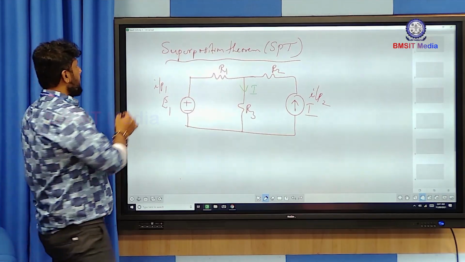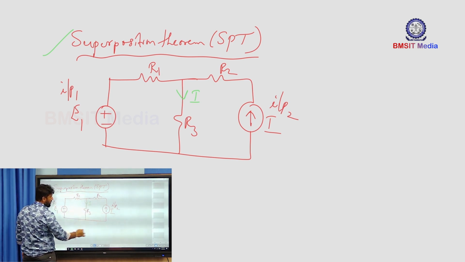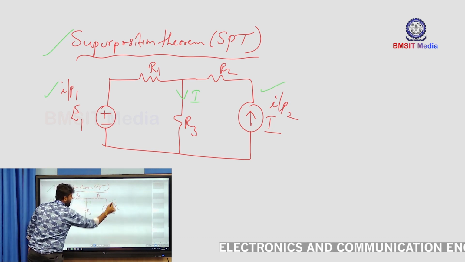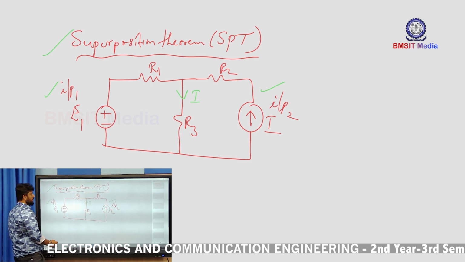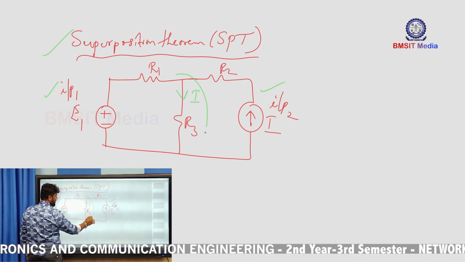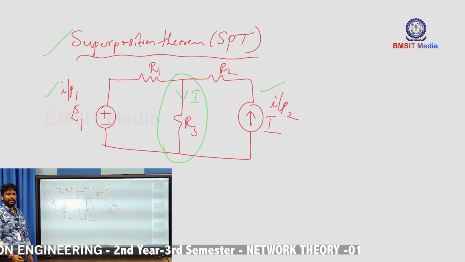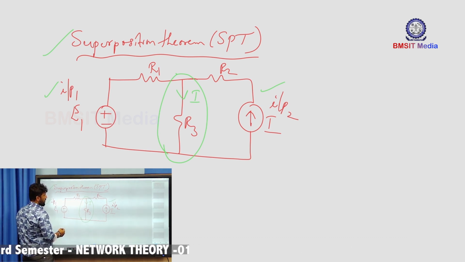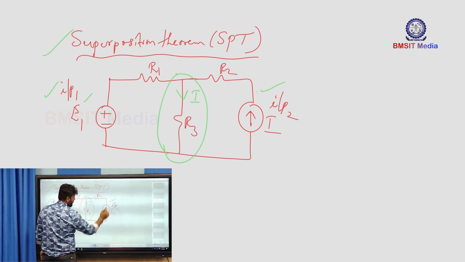Now as per SPT, look at here, whenever a linear bilateral network consists of more than one source, the response in any of the branches is an algebraic sum of individual responses by considering one source acting at a time.